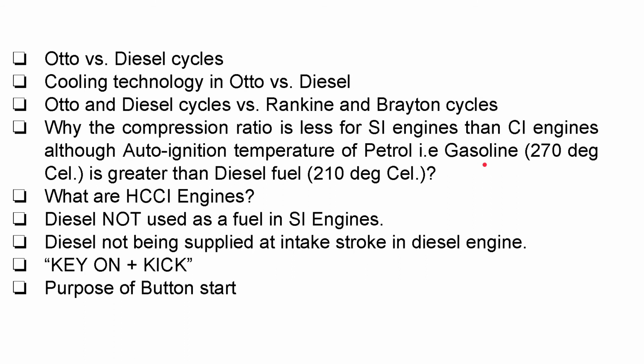Hence we are not using compression ignition to ignite the petrol, and rather we use a spark plug to ignite our petrol and gasoline. While for diesel fuel, the auto ignition temperature is only 210, and a bit higher compression ratio of 16 to 20 is easily able to self ignite our fuel, and hence without using a spark plug we are able to ignite, and hence we are using compression ignition for CI engines or diesel engines.